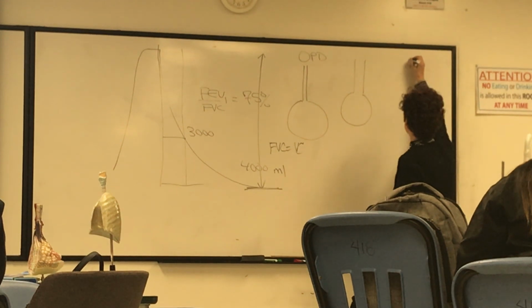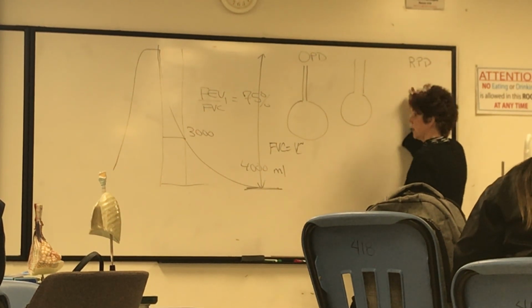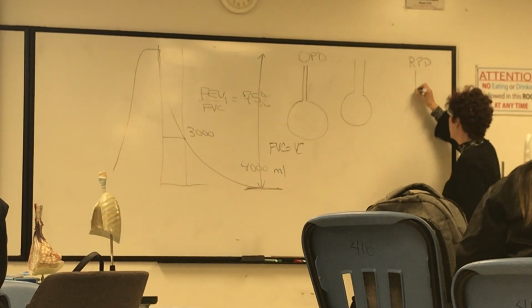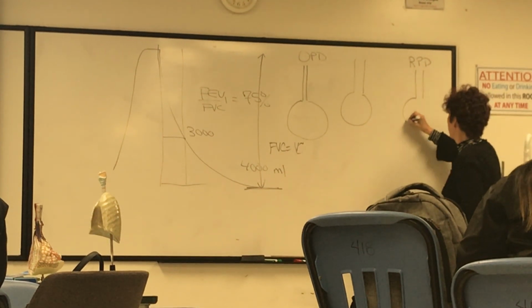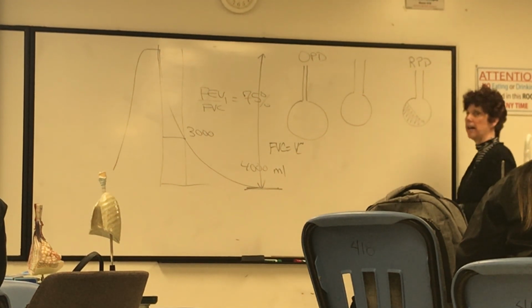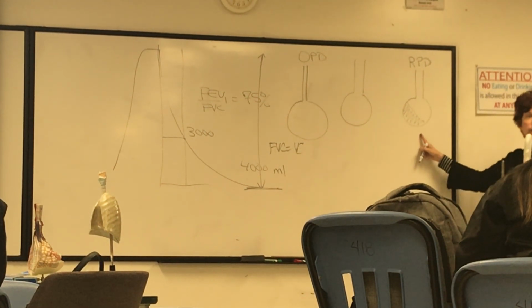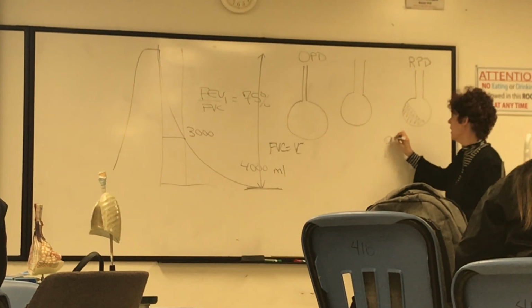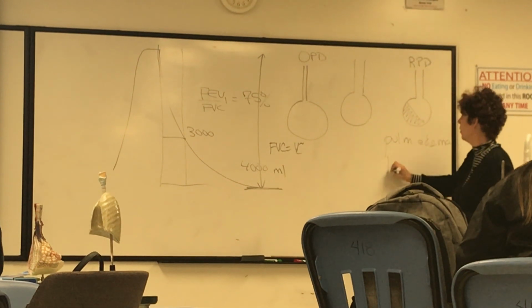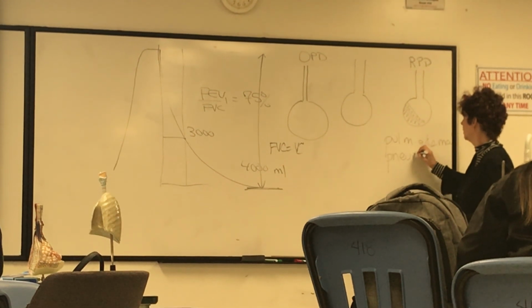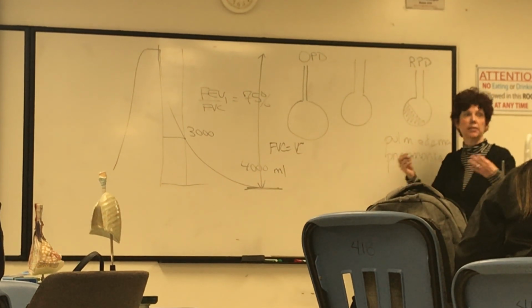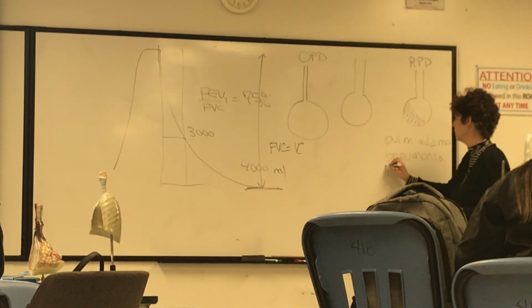Restrictive pulmonary disease, this is where there's less volume available. So maybe you're going to have a normal airway, and you're going to have a loss of alveolar volume, either due to fluid, such as pulmonary edema, or pneumonia, or cancer that's blocked off some of the lobes, all right?